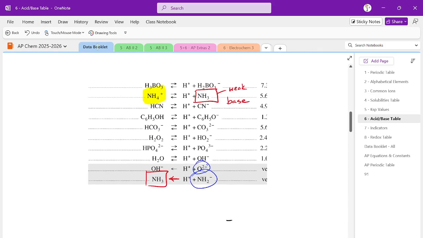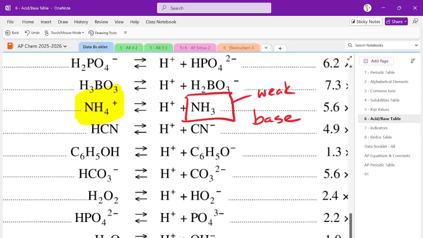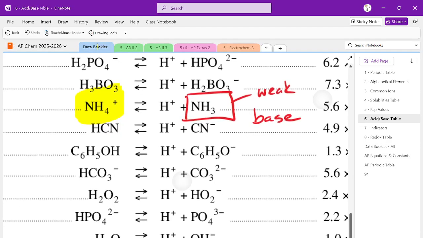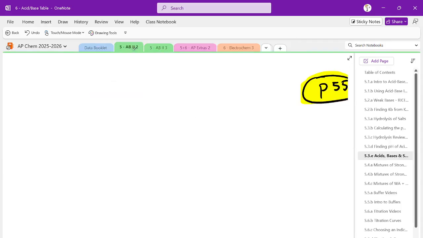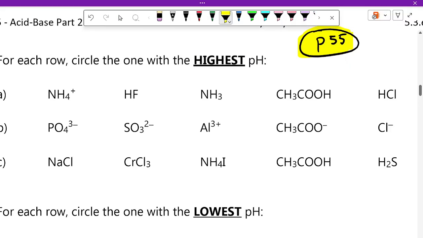And you can see that it is on the acid side. It donates protons. That should make sense to you because remember NH4 is one of the 4 cations that hydrolyze, and cationic hydrolysis is always acidic. Okay? So this is an acid.